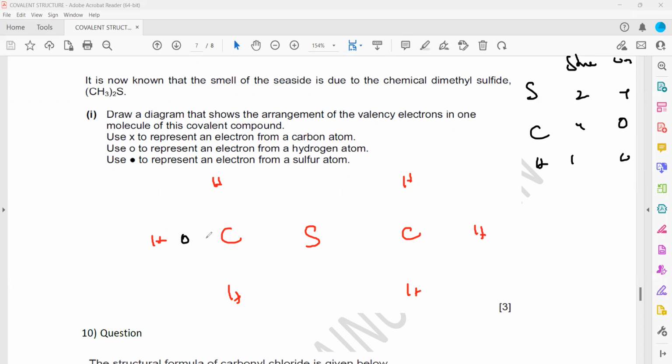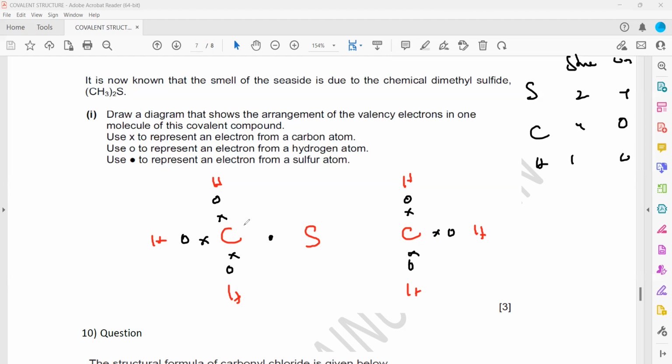So circle for hydrogen and cross for carbon. Hydrogen shares 1, carbon will share 1 from that side. It is important that you use the key correctly: hydrogen is the circle and carbon is the cross. And then sulfur and carbon.